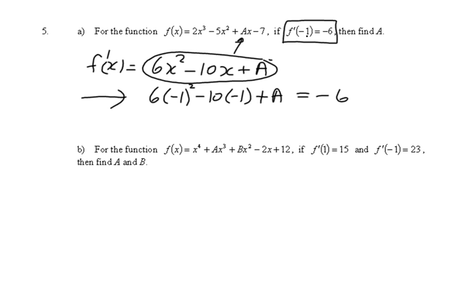Could everybody solve this for A, please? I'll give you a hint. A should be a negative number between -20 and -25. Did you say -22? That's what I got. Okay.